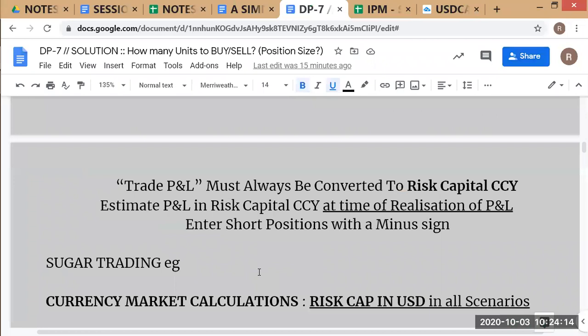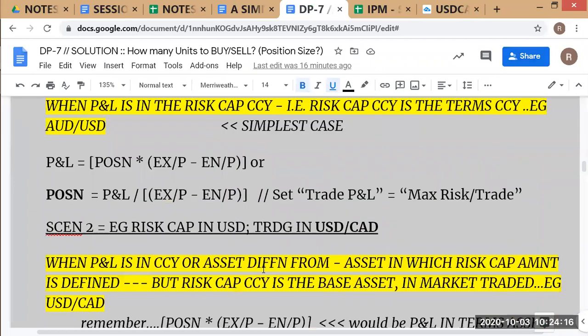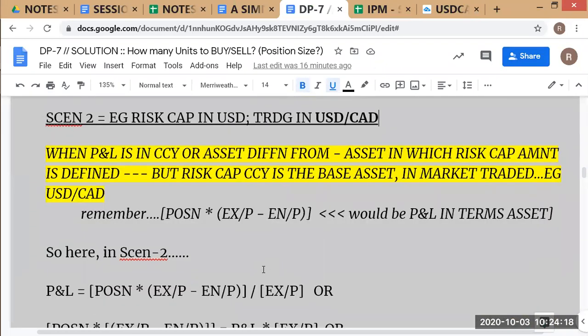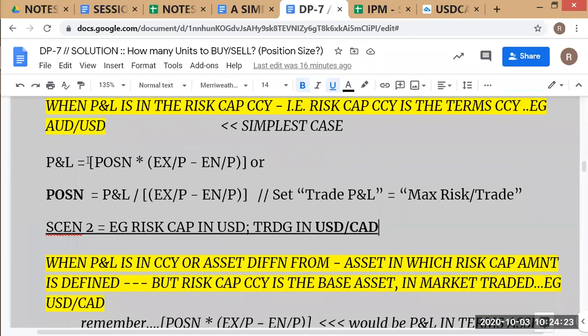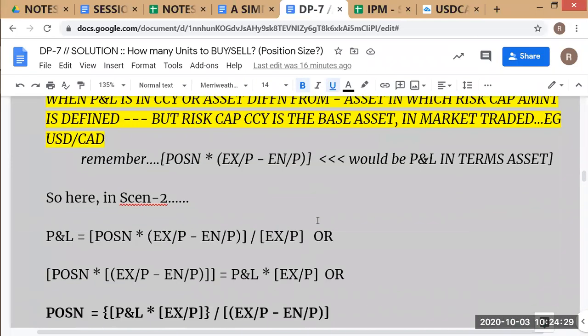Now in scenario 2, we have a problem because our P&L is going to come out in Canadian dollars. We have to convert it into US dollars. So we start with this basic expression, P&L, recalling from scenario 1.